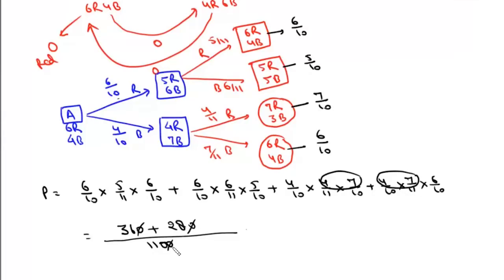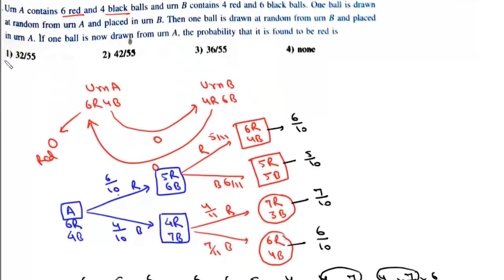Now we'll cancel this 0. So this is 36 plus 28, 64 divided by 110, which is 32 upon 55. And that's your option 1.